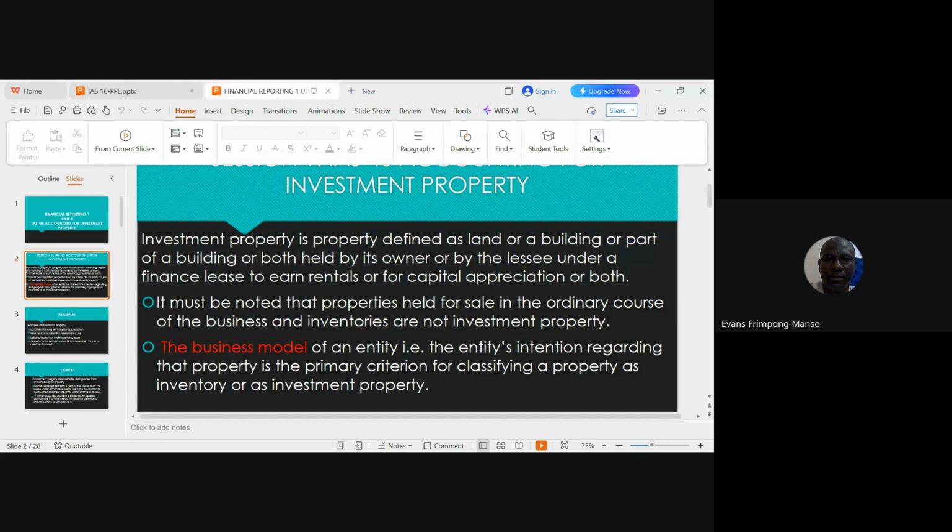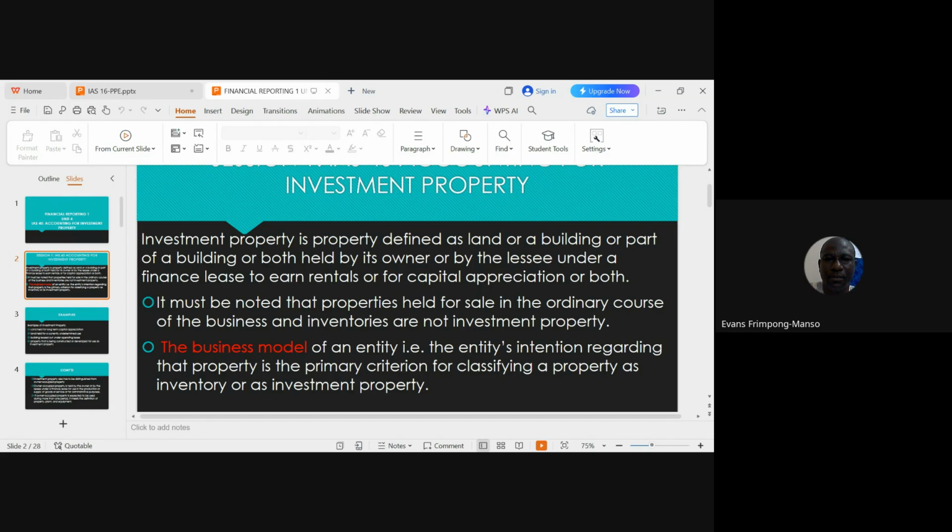It is any property, either land or building or part of building, that you hold, and the purpose of holding the land or the building is to earn rentals. I mean, you rent it out, or for capital appreciation.